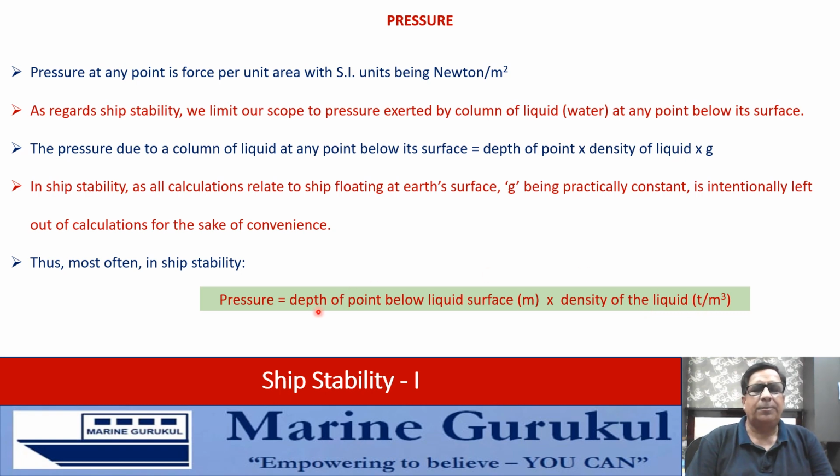So the pressure shall be the product of depth of the point below the liquid surface multiplied by its density. And if we use these units of meter and tons per cubic meter, we get the unit of pressure in ship stability as tons per meter square.